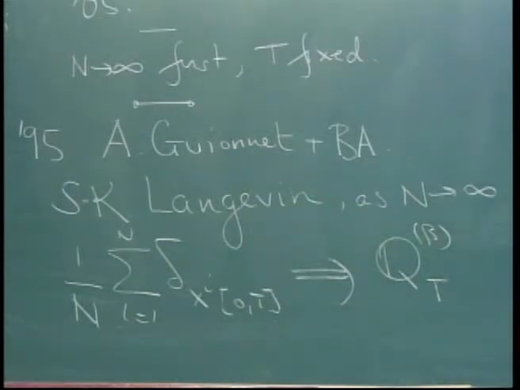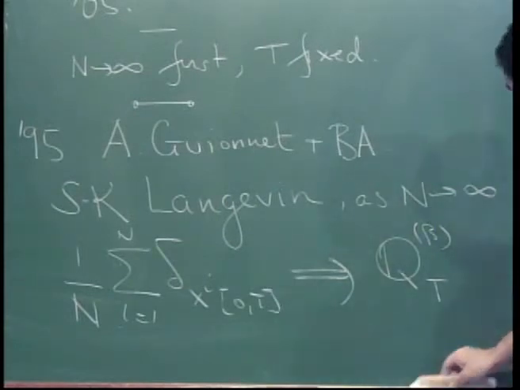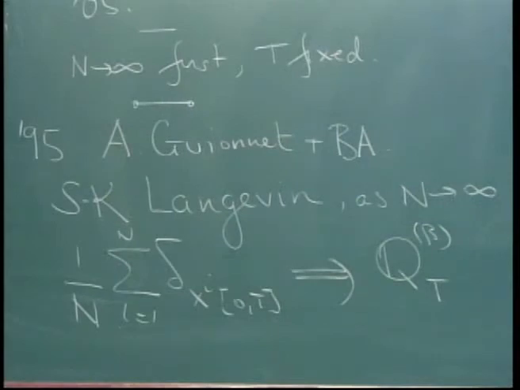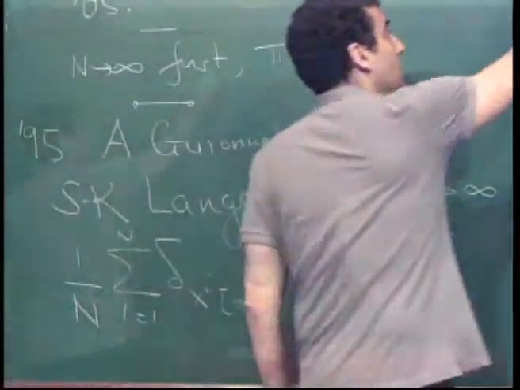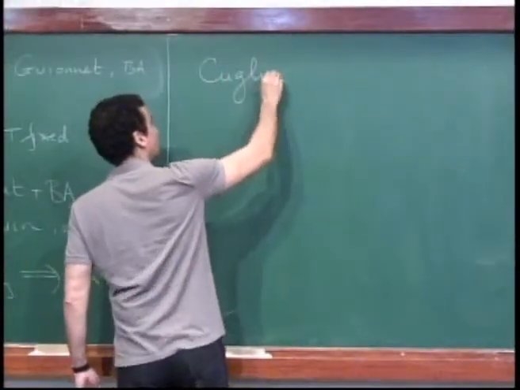Right? The nice thing about the spin glass, the spherical situation that we're in here, is that instead of looking at this infinite dimensional object, following Cugliandolo and Kurchan, the physicists told us what to look at.